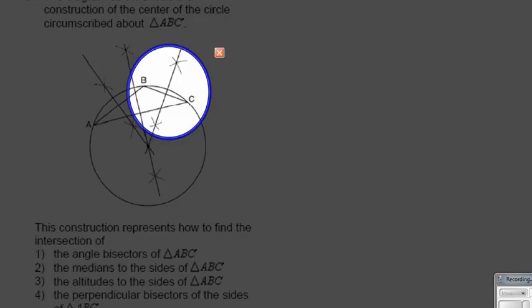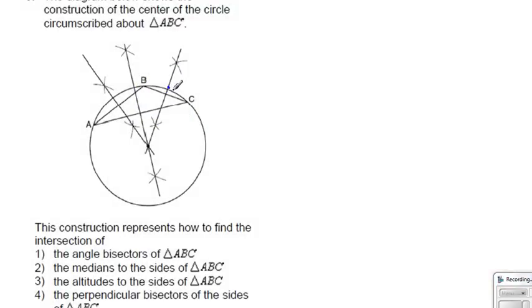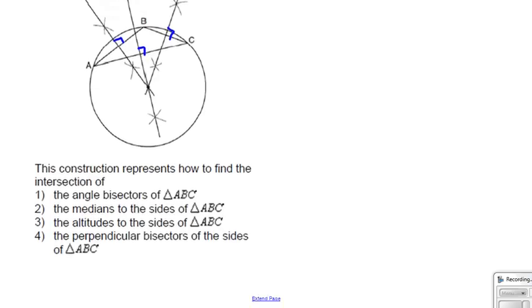Essentially, what we are looking at here is the perpendicular bisector right here. This line would be a perpendicular bisector to this line, and so is this one. Then we are looking at perpendicular bisectors of the sides of triangle ABC. The fourth one is what we are looking at.